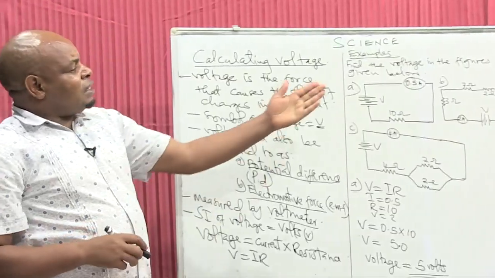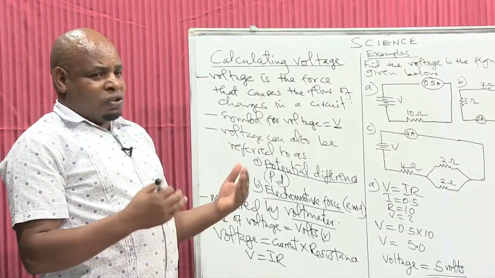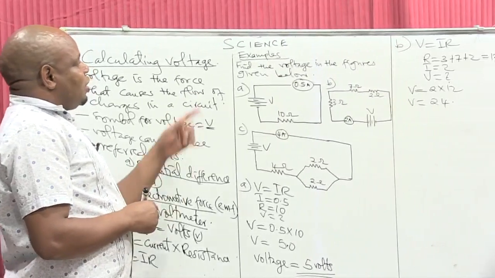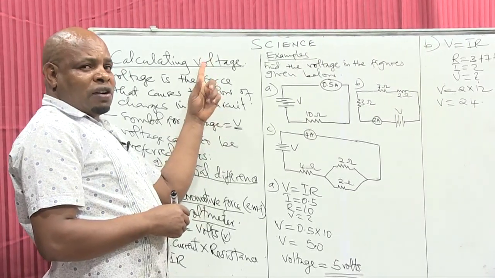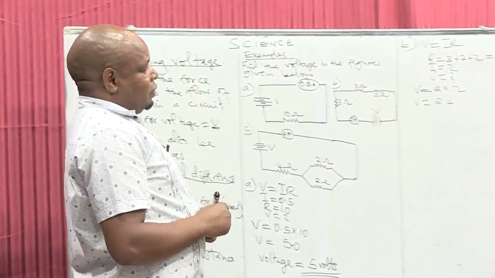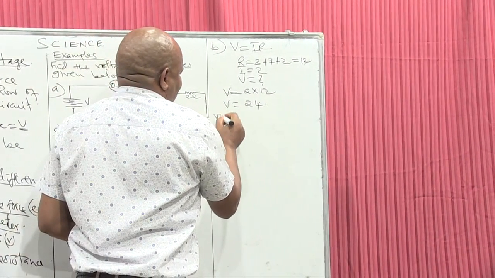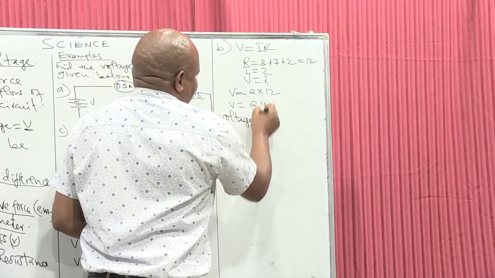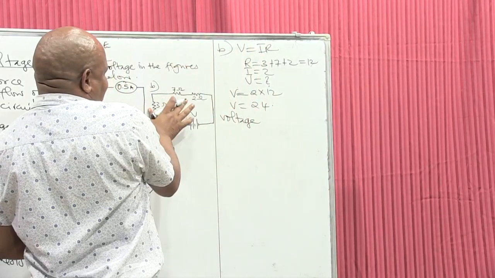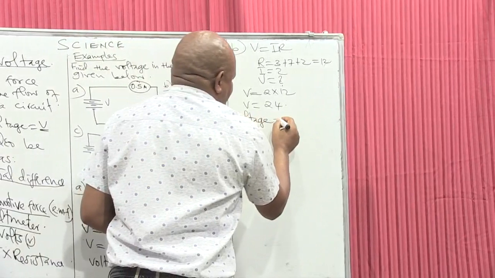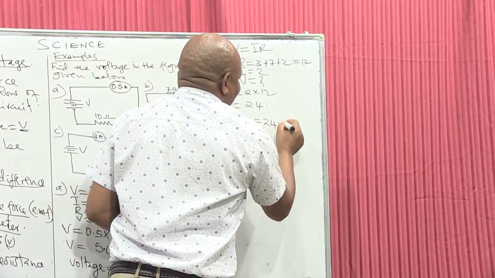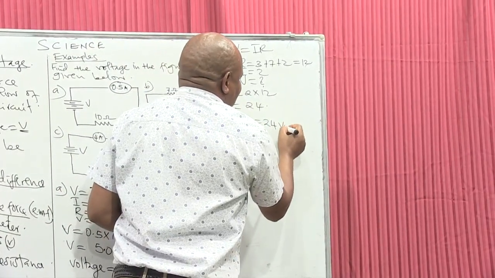You cannot leave your answer hanging like that, because it has no units. You have to write the units to show that you are calculating voltage. So the voltage in the given circuit in B is equal to 24 V, or 24 volts.